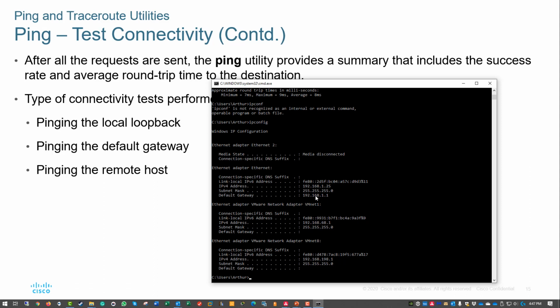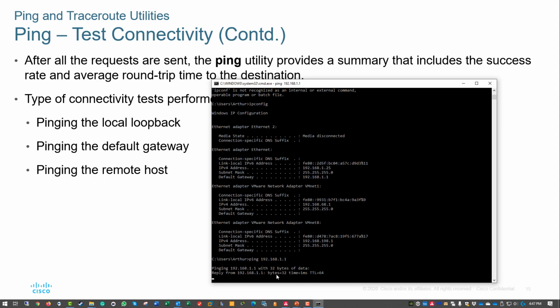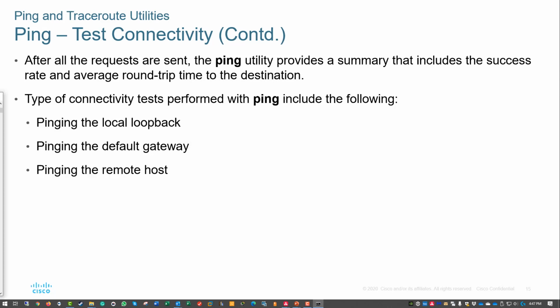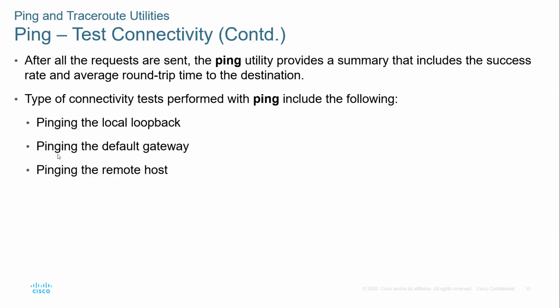My default gateway happens to be 192.168.1.1, so I will ping my default gateway. And it responds. So I've done those three general tests for ping.